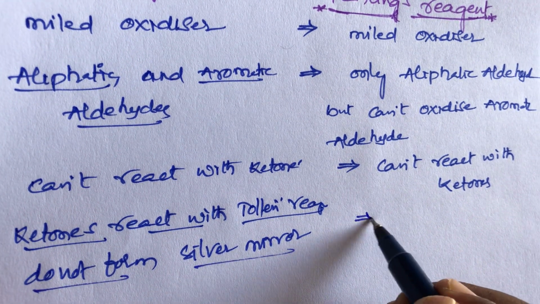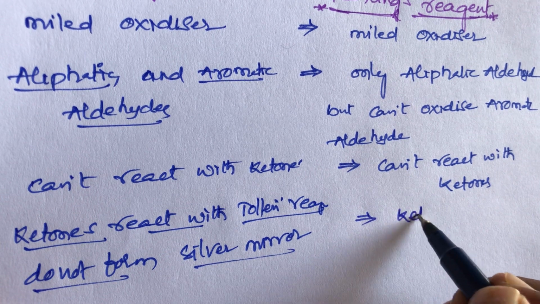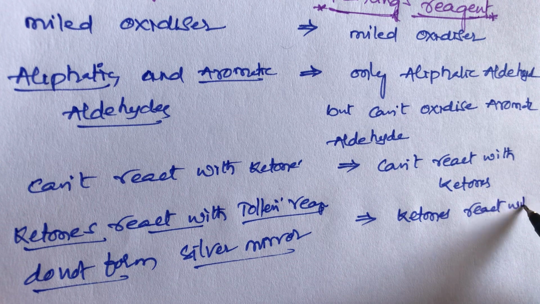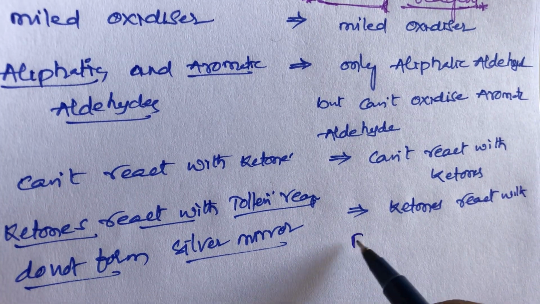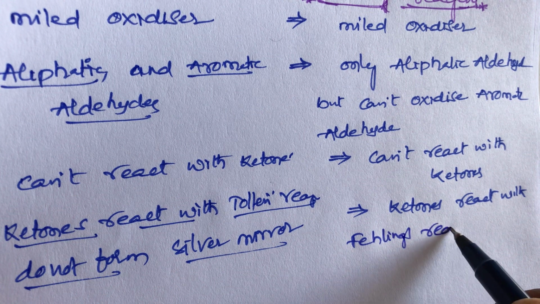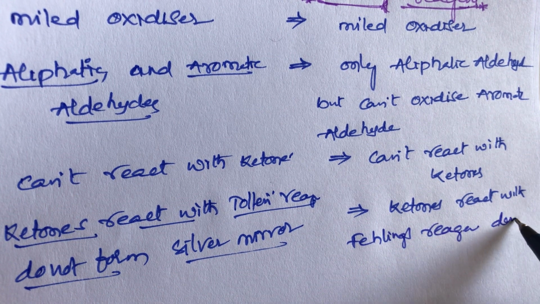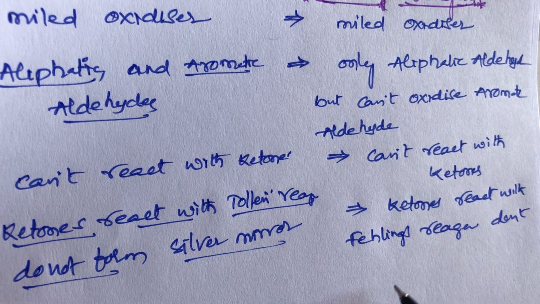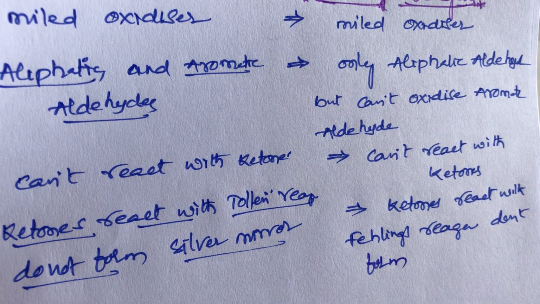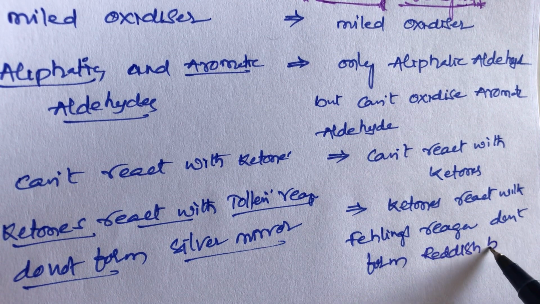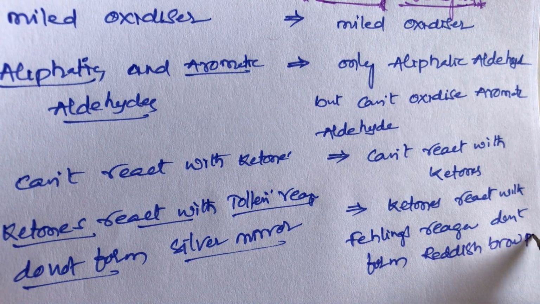And the same thing, students: when ketones react with Fehling's reagent, no reddish brown precipitate is formed.